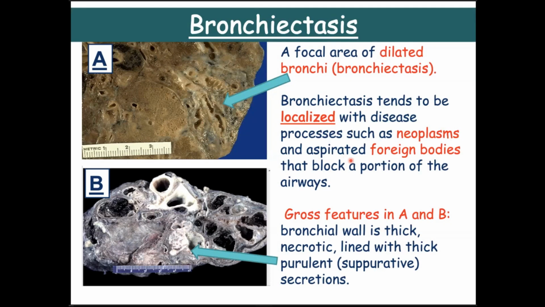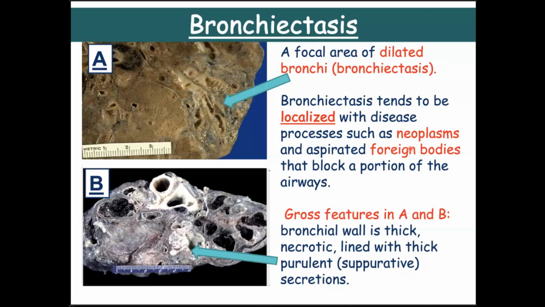Second, when a foreign body gets inside your lung, you aspirate a liquid or any solid, then it will block the bronchi, and only that part will get localized bronchiectasis. So there are two causes of localized bronchiectasis. So this is one more question that has come to my mind: what are the causes of localized bronchiectasis?